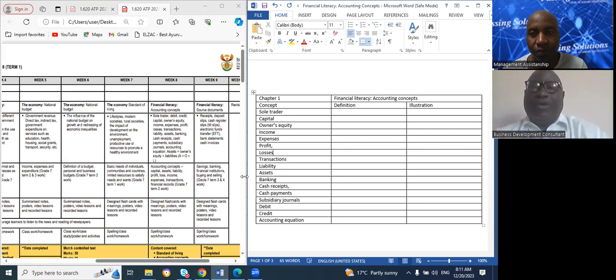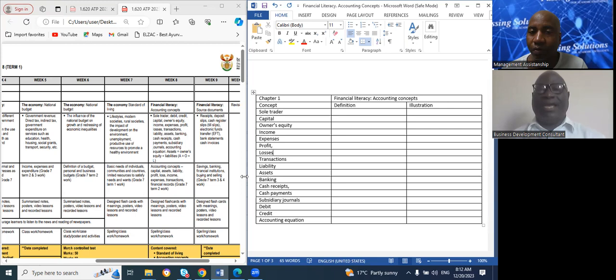On our chapter 1, we're going to be dealing with the accounting concepts. We are going to prepare material that is in line with the definitions and also the illustrations of these concepts, so that our learners will have a clear understanding of the concepts, since they are so foundational. We are looking at sole trader as a concept. We need to understand the sole traders, define and illustrate. We're also looking at the capital.